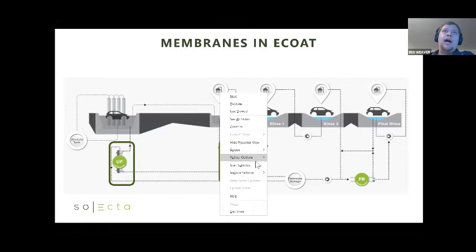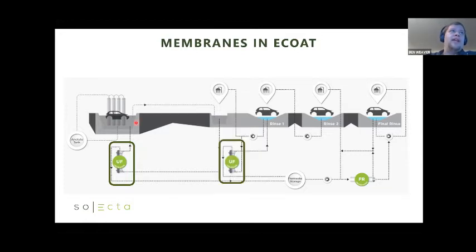So with the UF stages, we take the overflow from the paint bath and send it to the UF, and then take the overflow from the rinse and treat it with UF as well. This is one option for that. It's really saving over 98.5%, over 99% of the paint solids, and then also producing that very high quality rinse water.